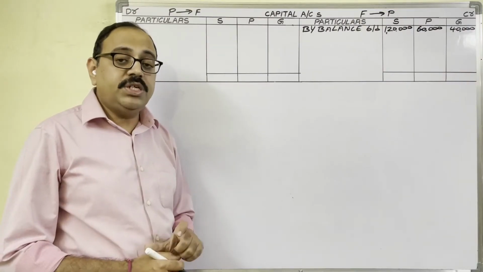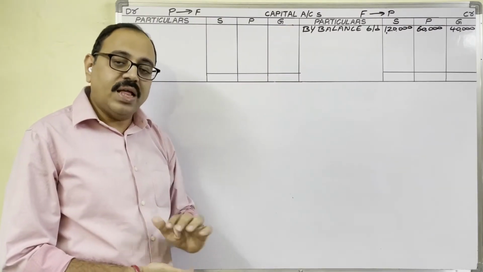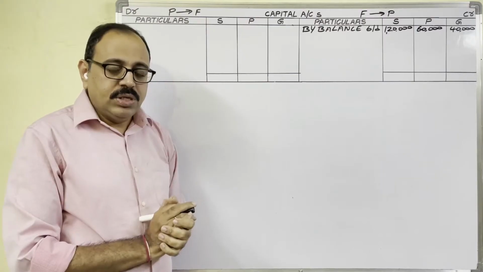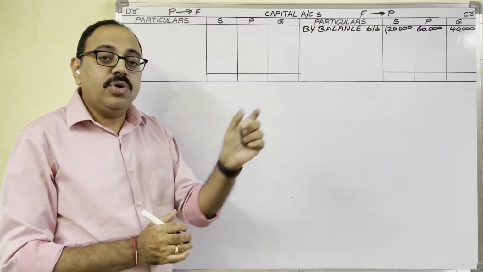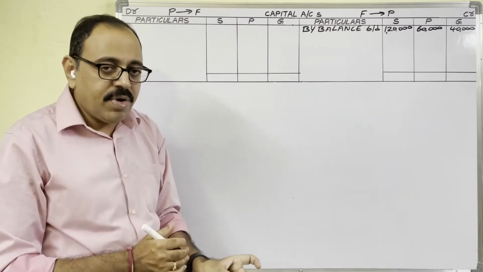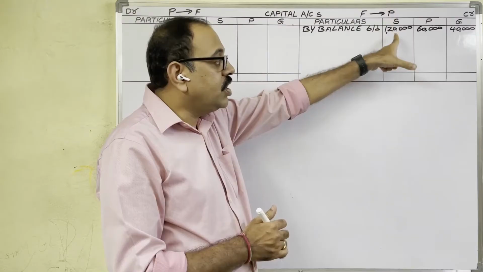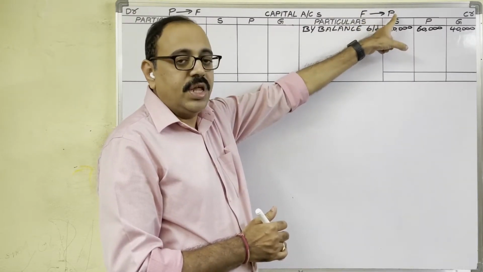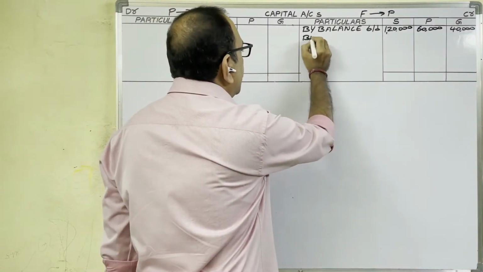Thus, as per the journal entry, we write the revaluation profit on the credit side. Otherwise, revaluation profit is the partner's amount. So when a partner retires, the firm has to pay this amount to the partner. At the time of retirement, the firm should pay the partner's share in revaluation of assets and liabilities. Therefore, it appears on the credit side by revaluation account.